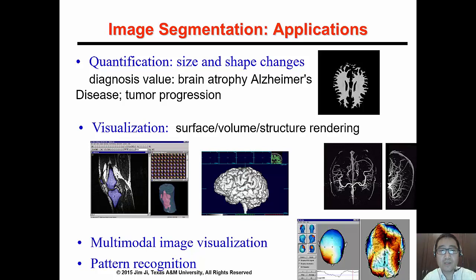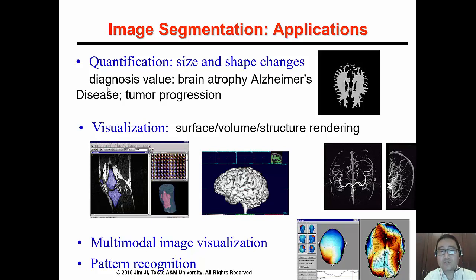Quantification actually is one, because with the segmentation you'll be able to measure the size and the shape of certain tissues or organs that have a lot of diagnostic value. For example, you can measure the brain atrophy of an Alzheimer's disease patient, or you can measure the size of the tumor, so you will see whether it's growing or shrinking. So you can have a quantitative assessment of whether treatment is effective.